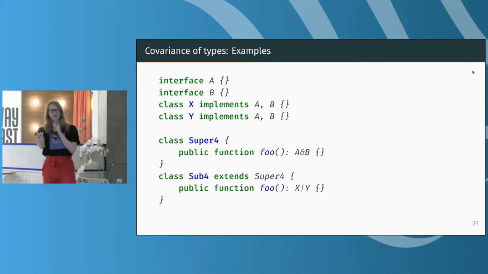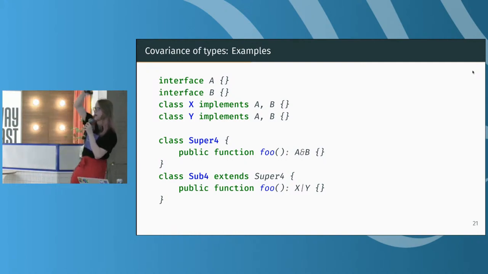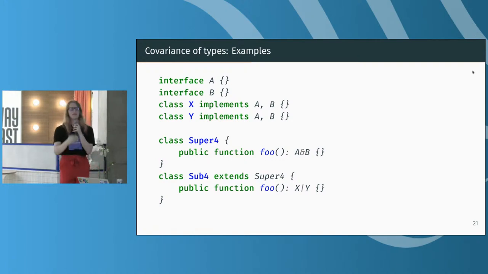Same thing with the intersection. I say I want something of A and B, so I have A here, I have B here, I live in this intersection here, and X and Y live within this intersection. Thus it is more specific, even if I go from an intersection to a union type.